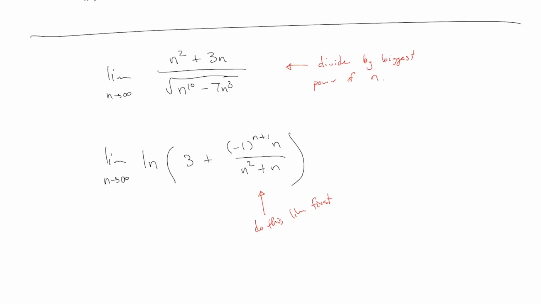Yeah, the highest power, it comes from this term. This term is inside of the square root sign. So I see a lot of confusion about which power to divide by.